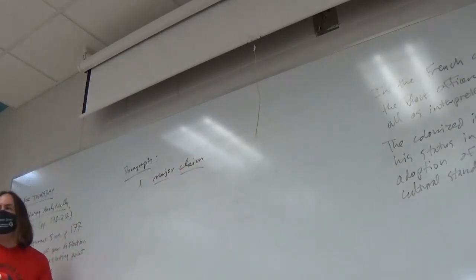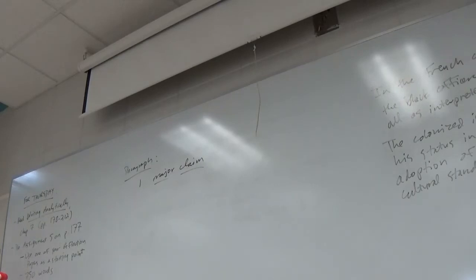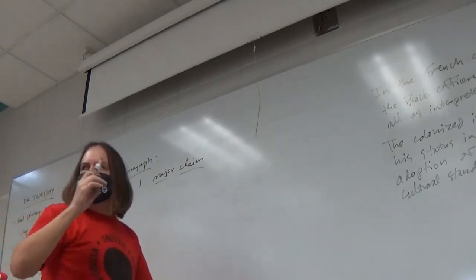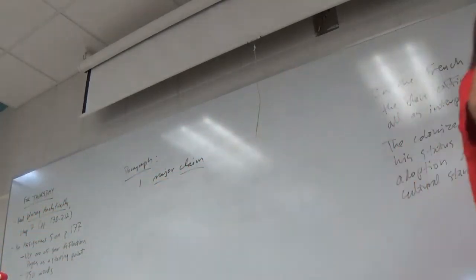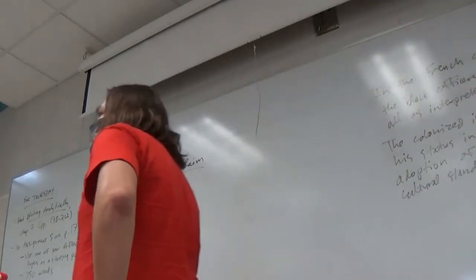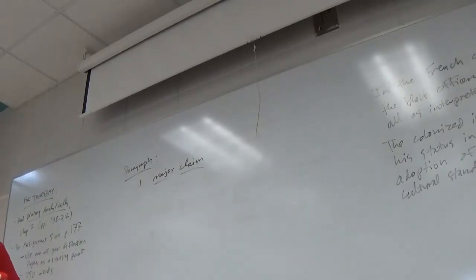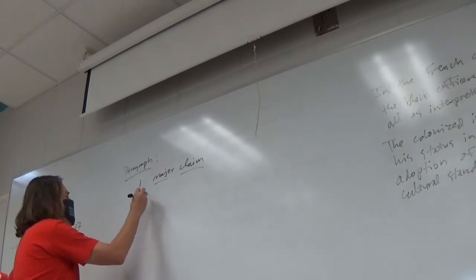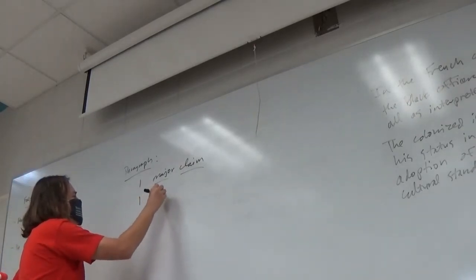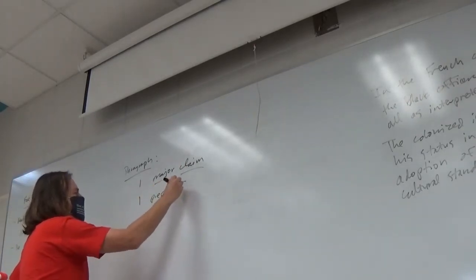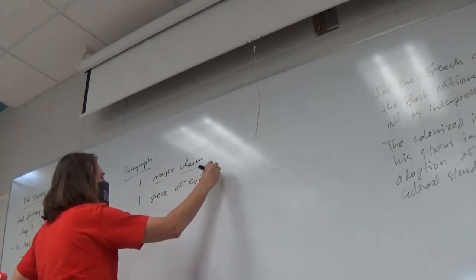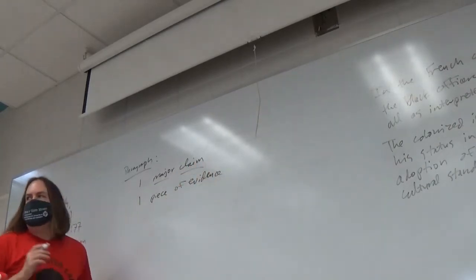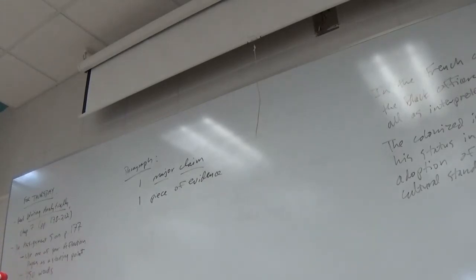If you're making multiple claims in the same paragraph, you might be trying to do a little bit too much, and it might be a good idea to split some of those ideas off into other paragraphs of their own. You also probably only want one major piece of evidence in each paragraph.